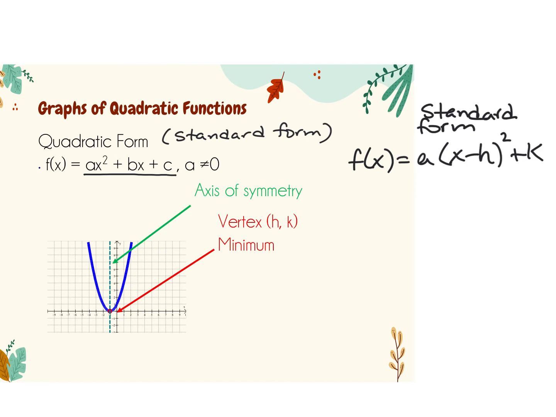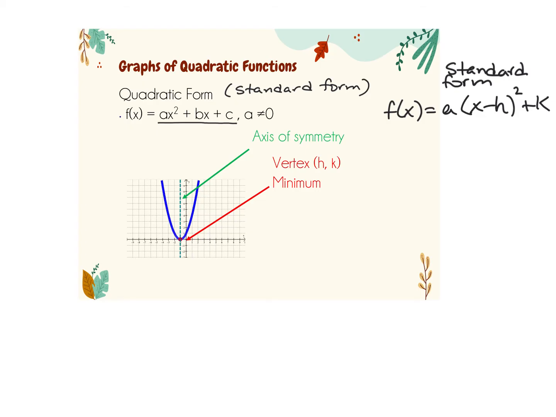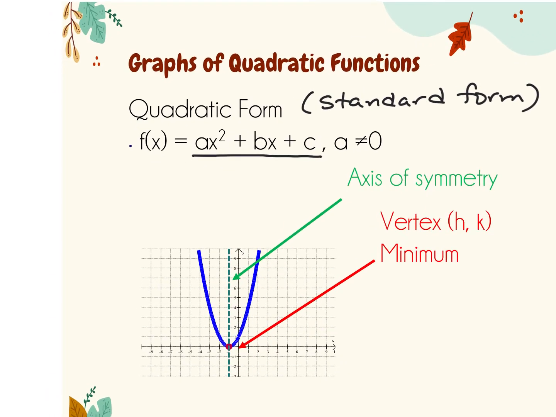Now, just some key things to look at from these two forms. When it's in the quadratic form and the number in front of x squared, this a value, is a positive number, then we know our parabola is going to be a positive parabola.